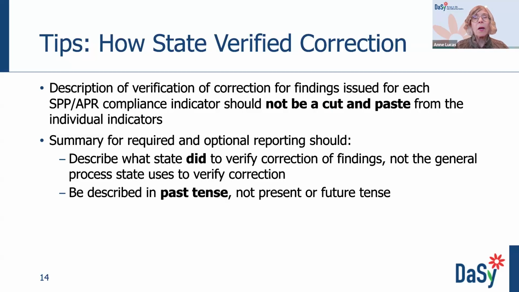So I want to give you a couple tips. What we have heard from OSEP is that they're not looking for a cut and paste from the actual indicator. When you're writing about C1 in the indicator, they're not looking for just a cut and paste into the C12 under indicator 1.